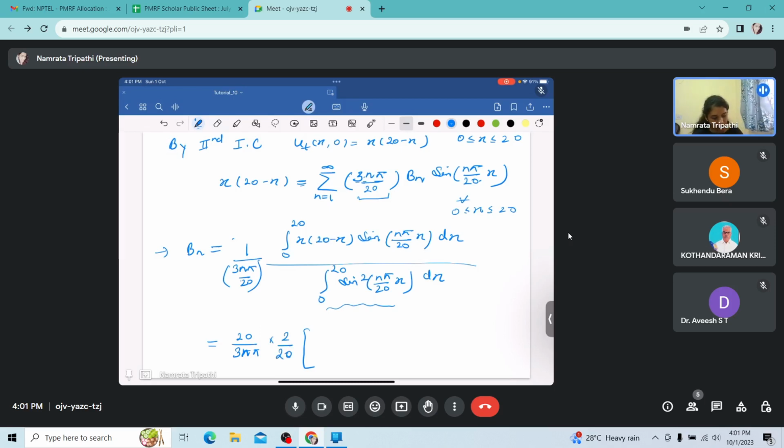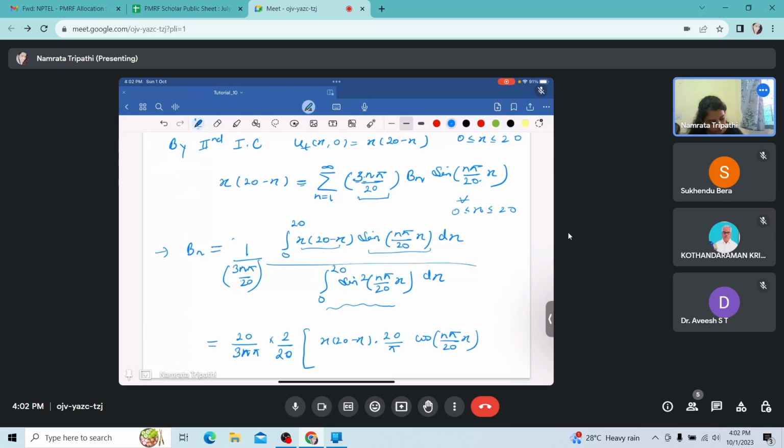Fine. And for the integration of the first numerator term, you can integrate by parts. Consider the first term and the second term into cos of 20 by pi into cos of n pi upon 20 into x.